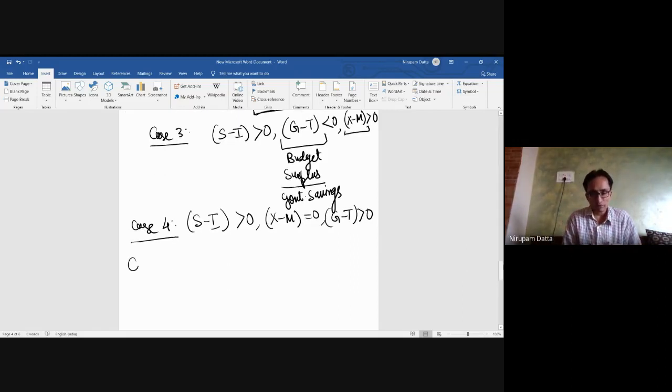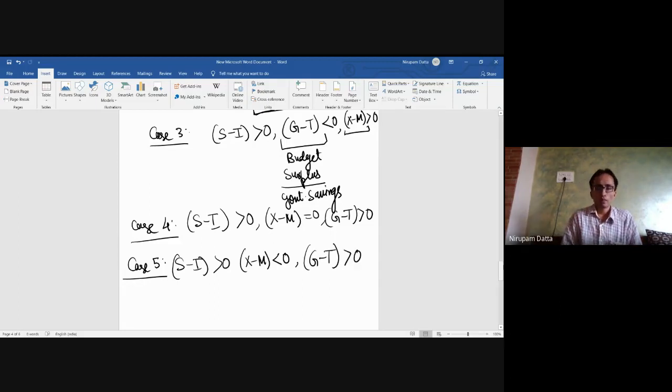Now case 5. S minus I is greater than 0. X minus M is less than 0. And G minus T is greater than 0. So what is happening? Now there is net imports. When net imports are there, India borrows from the rest of the world to buy the rest of the world's goods.